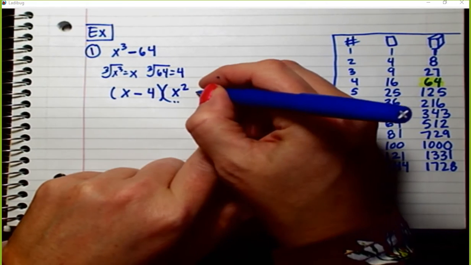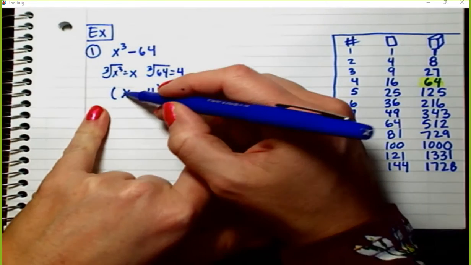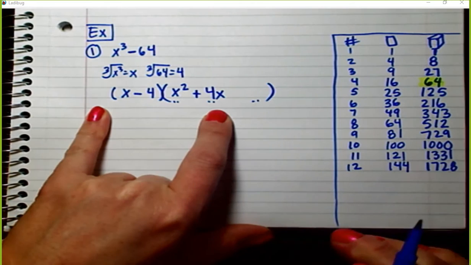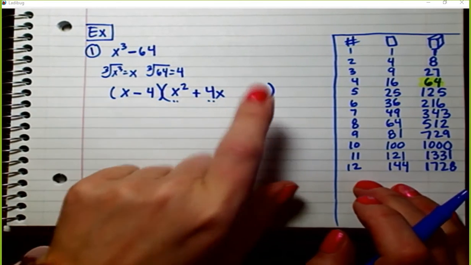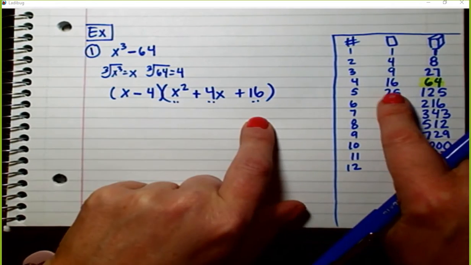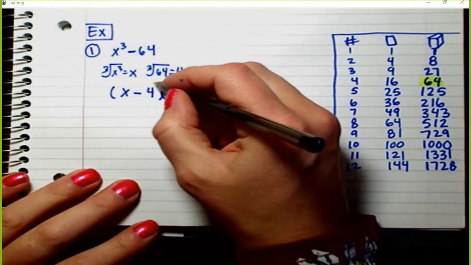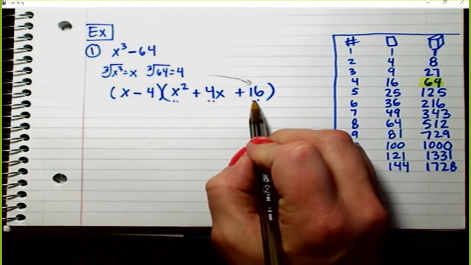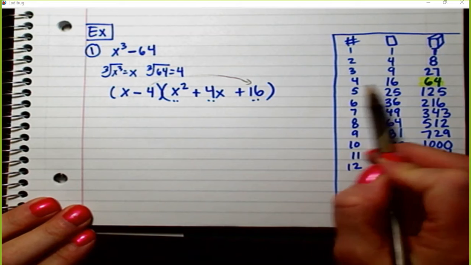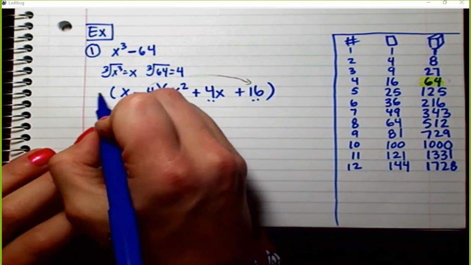Opposite product. So I'm going to plus it for the opposite sign. And I'm going to multiply the x and the 4 together. Square. 4 times 4 is 16. See that? What's 4 times 16? This is always the perfect square number. 4 times 16, 64.